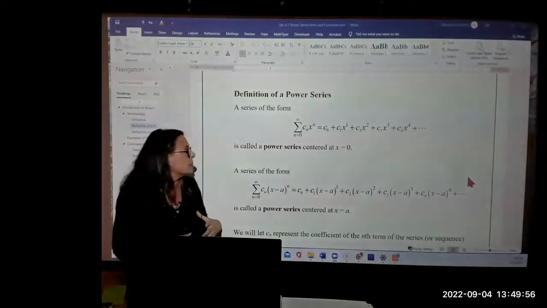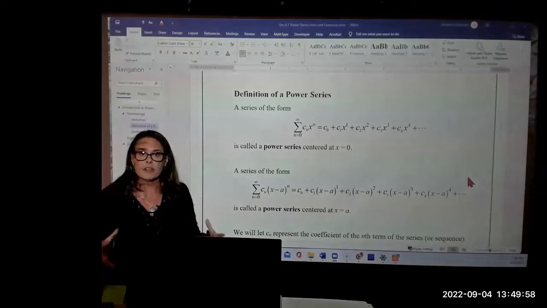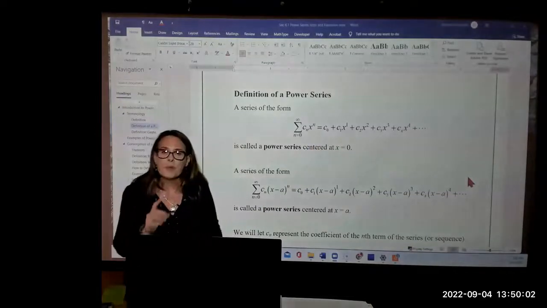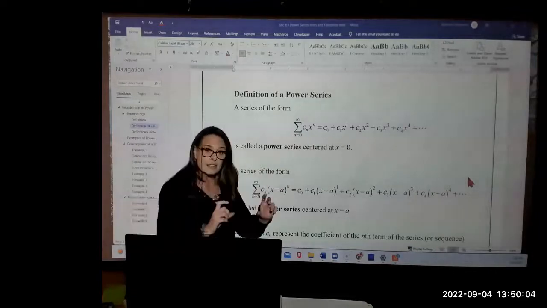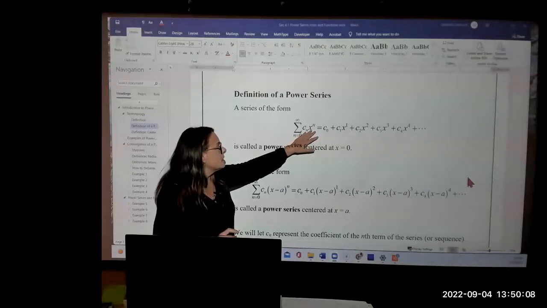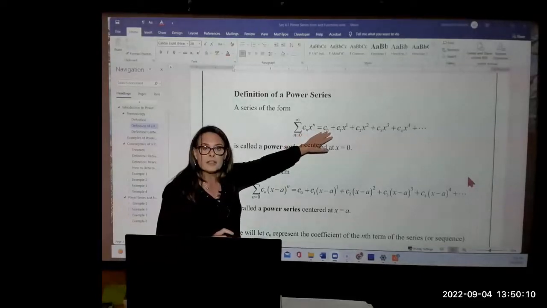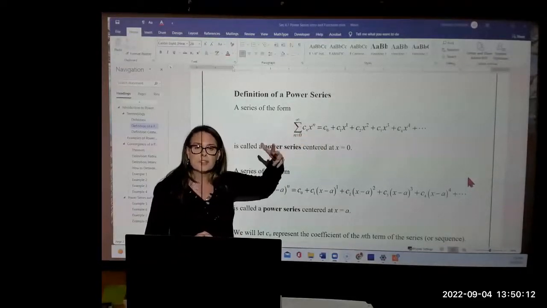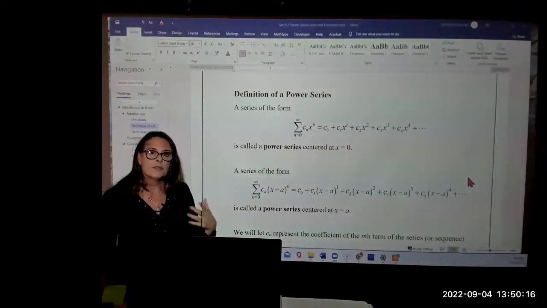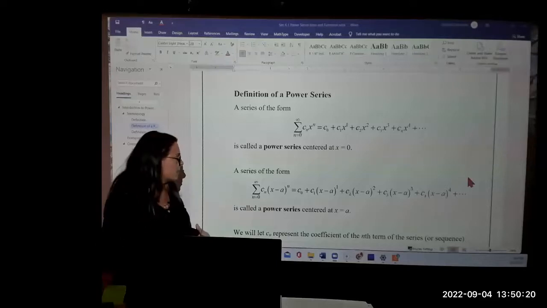Why 0? Well, if x is 0, everything drops out except the first term, although we have a bit of a problem because technically, by the definition of this power series, the first term would have x to the 0, and that would give us 0 to the 0. But we're going to see that we're going to define that in a particular way for a power series to still make it work. So hold that thought for a minute.